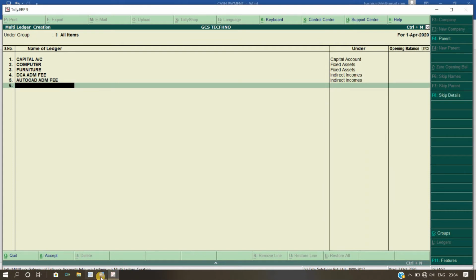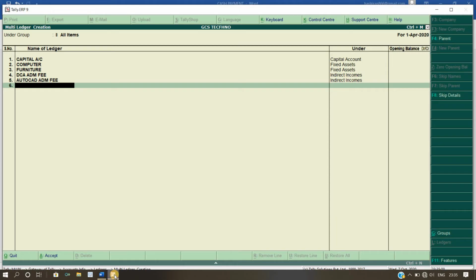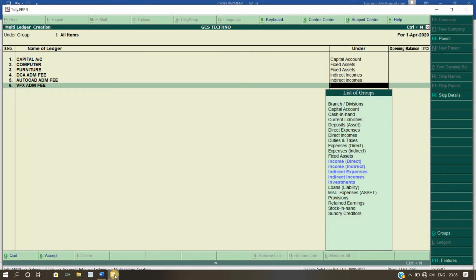And the next one, after AutoCAD admission fee, VFX admission fee received, right? VFX admission fee received. Now friends, it is indirect income.